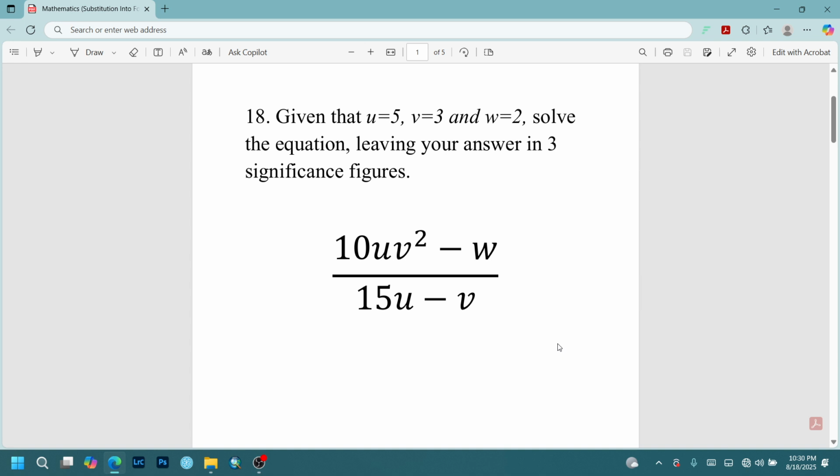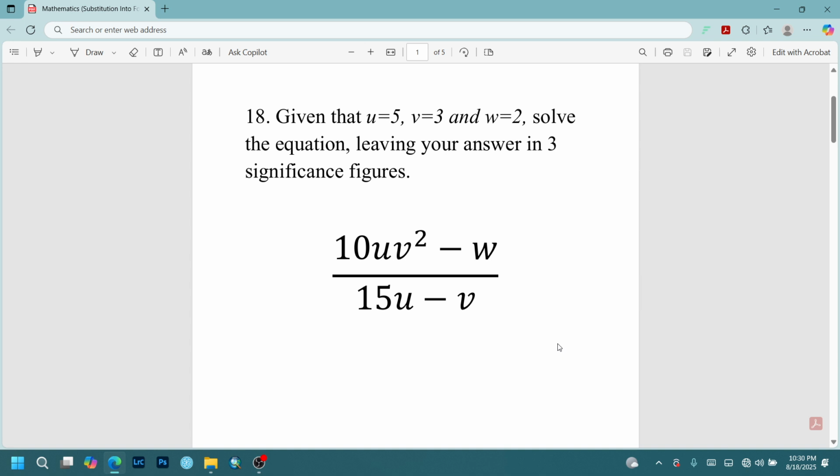In today's video, we would be solving a practical substitution into formula question in mathematics, right? So let's quickly delve into the question. Our question for the day is, given that u equals 5, v equals 3, and w equals 2, solve the equation leaving your answer in three significant figures, right?